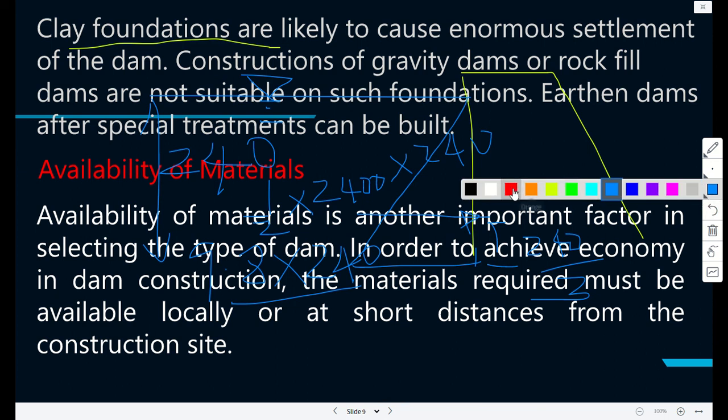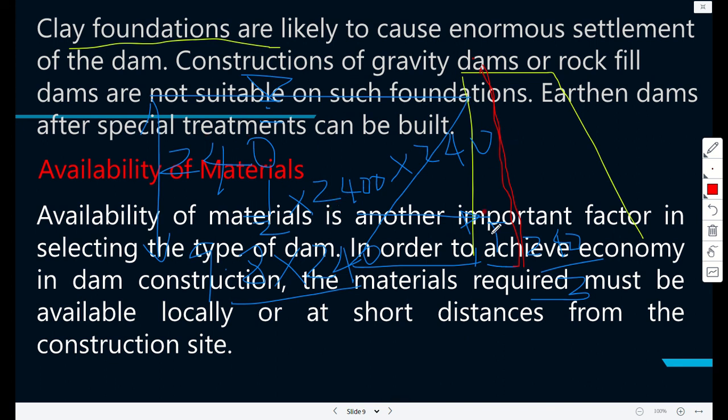And typically, the material in this part, this is an earth dam. Actually, let's talk about the theory first. No, I think an earth dam cannot reach that height.